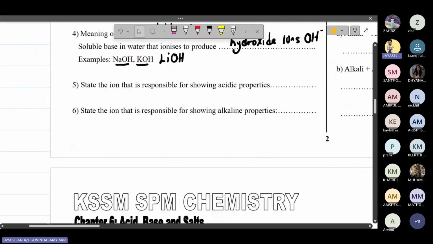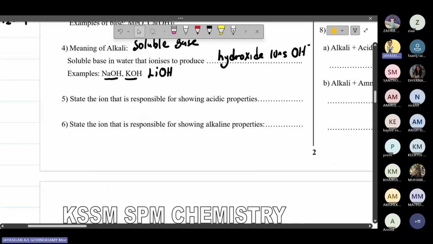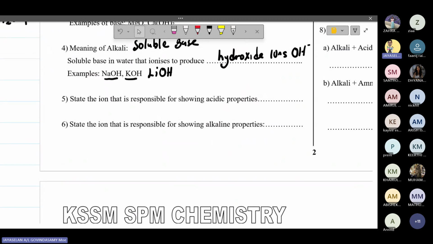Okay, so now we go for this one. Objective question. Last year a question came out. Who made a mistake? I still remember Yusof made a mistake. After finishing the objective question, he asked: what is the ion responsible for showing acidic properties in hydrochloric acid? You go and put hydrogen ion and chloride ion.